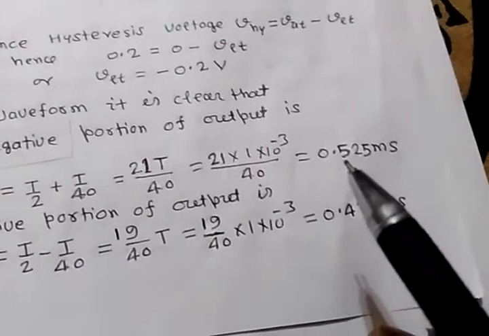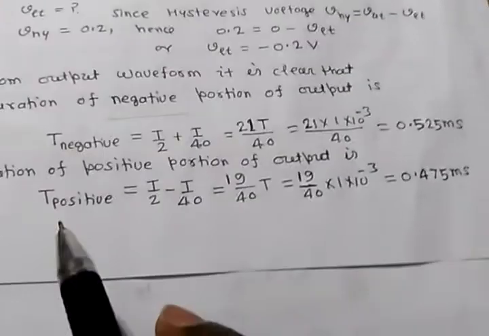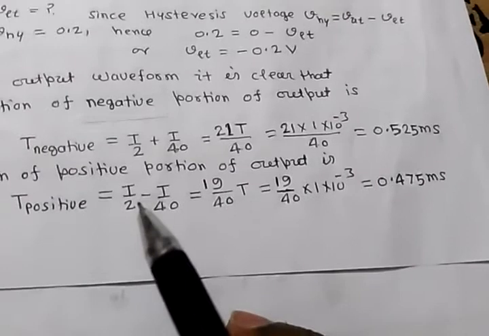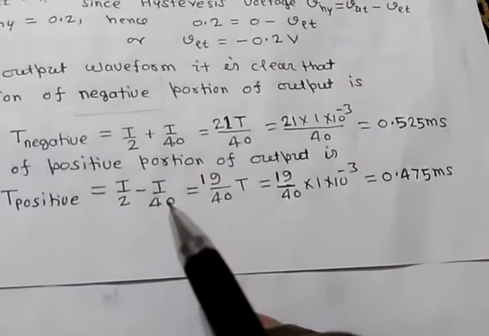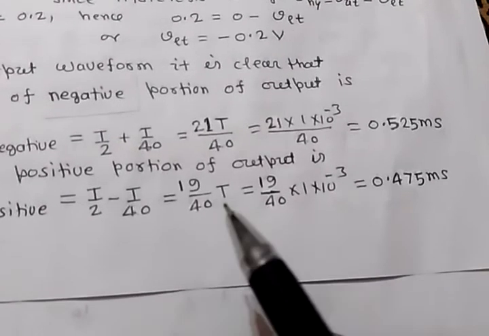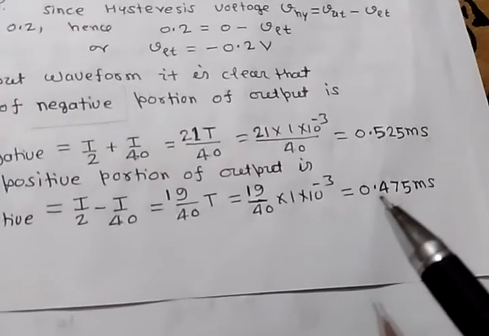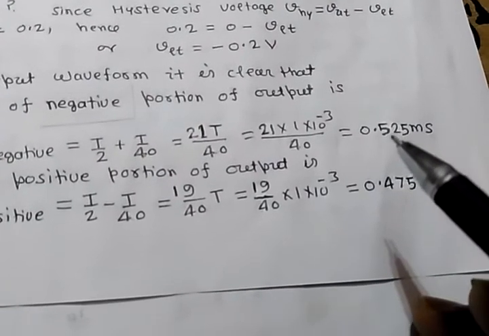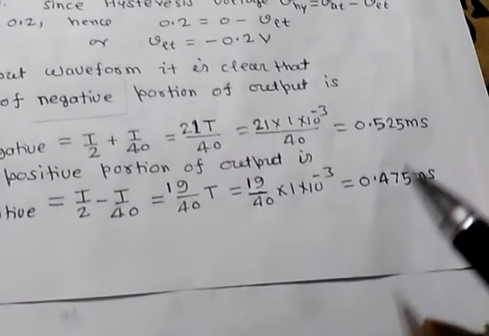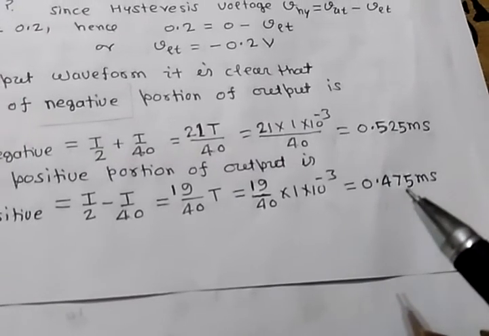In this way T negative will be 0.525 millisecond, and the duration of the positive portion equals T by 2 minus T by 40 equals 19 T by 40. Put the value of T, 1 millisecond, and calculate. It will be 0.475 millisecond. So the duration of the negative portion is 0.525 millisecond and the duration of the positive portion is 0.475 millisecond.